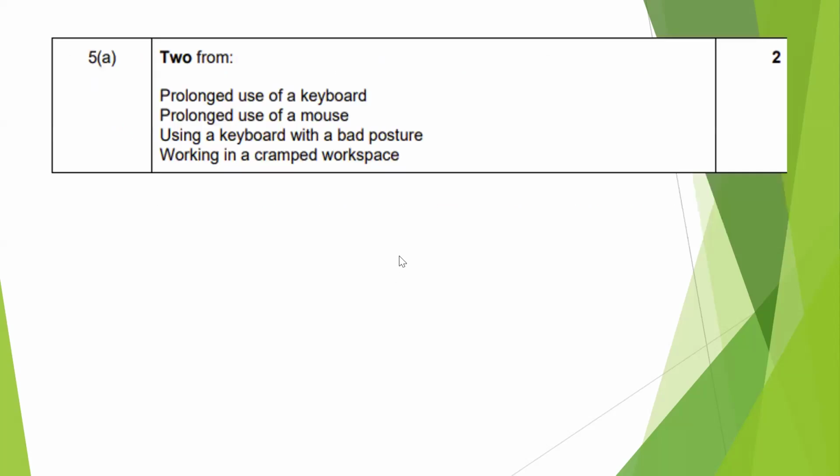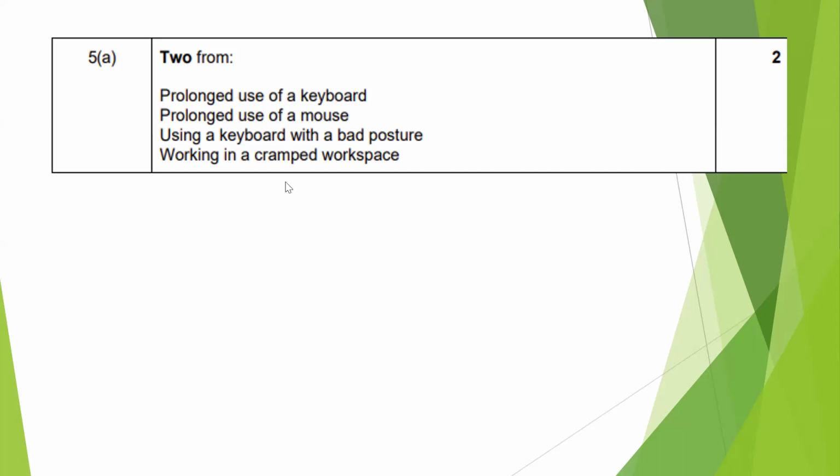Prolonged use of keyboard, prolonged use of mouse, using keyboard with a bad posture, working in a cramped workspace. Okay, cramped workspace, what does that mean?